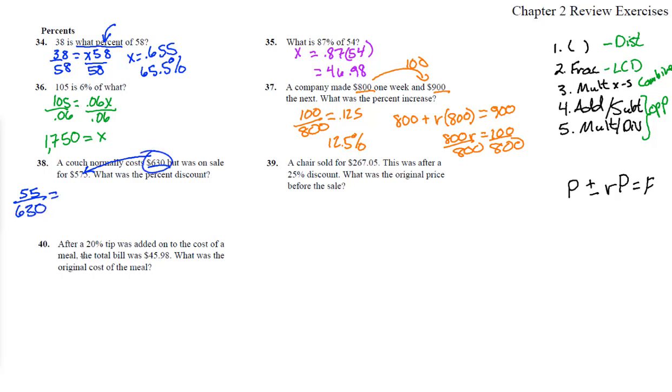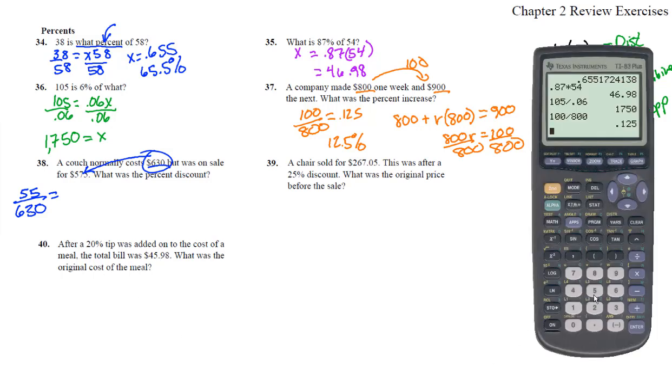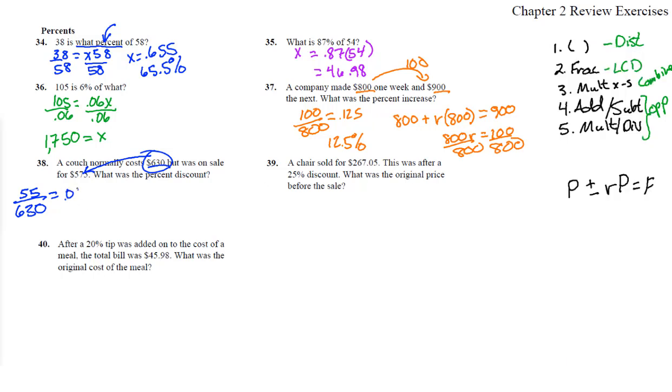And that is, I better plug that one in. 55 divided by 630 is 0.0873, that's 8.73% discount.